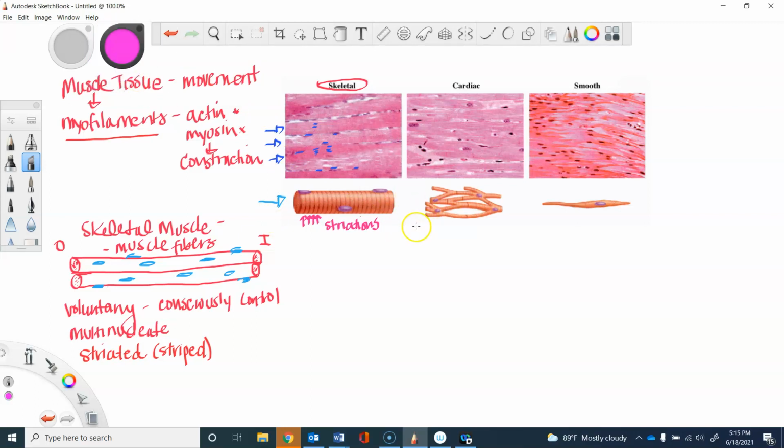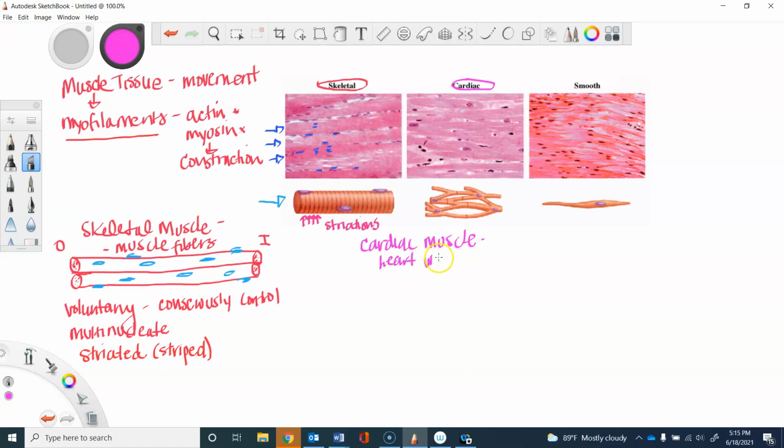Okay, the next type of muscle is cardiac. And that, of course, is here. Cardiac muscle, this is muscle that is found in the heart, which might seem obvious.